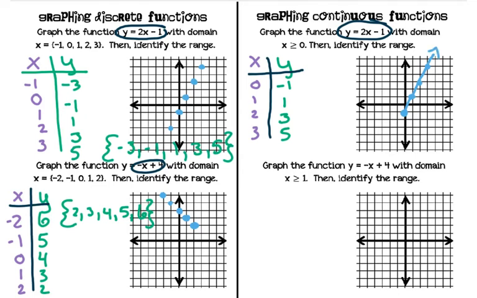So now to find the range, I'm looking at the vertical here, and our range would be y goes to infinity, and the smallest is negative 1.